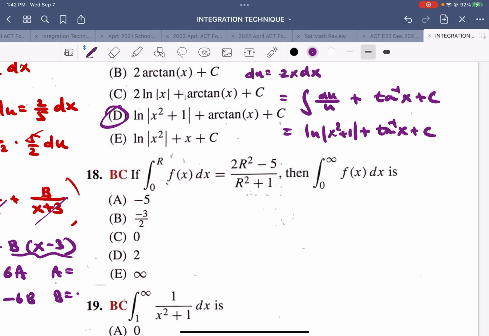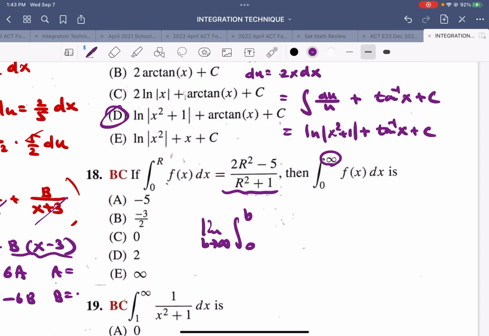Okay, so integral 0 to infinity of f of x dx, they gave you whatever here, and then 0 to infinity, f of x is what? Okay, so this one is an improper integral, so I'm going to use a limit concept. So let's say limit as b goes to infinity, and then 0 to b.